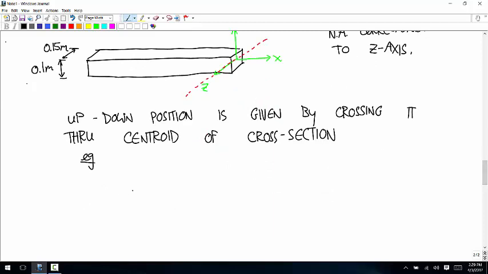Then that rectangle looks like this. Our coordinate system is going to be positioned with the z-axis going through the centroid.